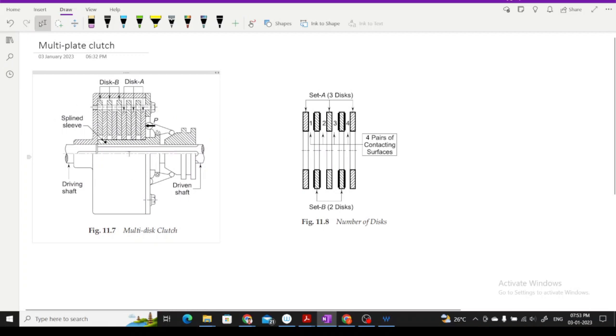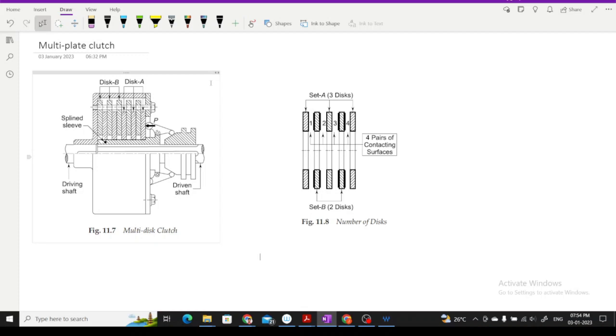Yeah. So here, if we go for the multi-plate clutch, then in this multi-plate clutch you will have pairs of discs on the driving and driven shafts, right? And whatever equations we have derived, we need to multiply the equation of the torque by the number of contacting surfaces, right?